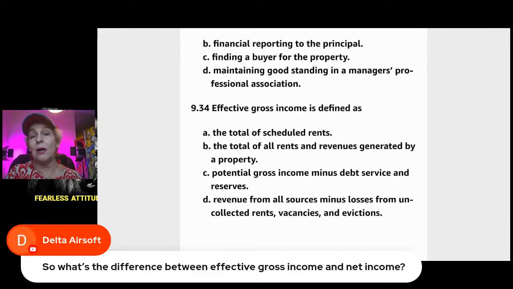We don't buy on potential income. We buy based on what it's bringing in now. So that would be the actual income minus the current operating expenses, which gives us the net income. So effective gross is what could be potential. Net income is actual minus all current expenses for this month.